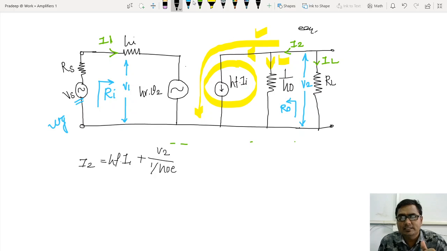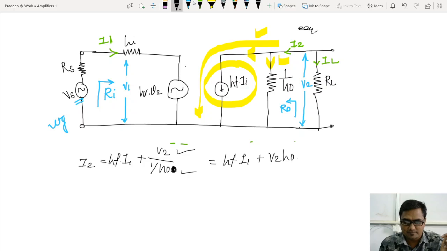So V2 divided by the impedance 1 divided by ho represents a current. Let me simplify this. I get hf multiplied by I1 plus ho multiplied by V2.